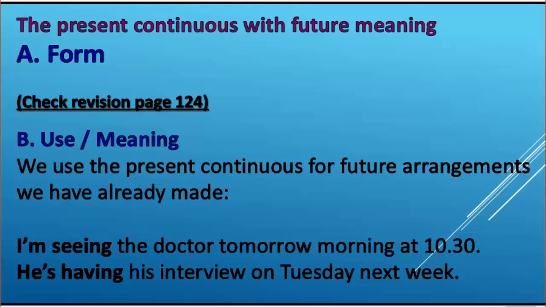Then you say, I am seeing the doctor tomorrow at 10:30. He is having his interview on a Tuesday next week. It's next week, and we said he is having. It's a present continuous. Why? Because he has done all the arrangements for his interview.